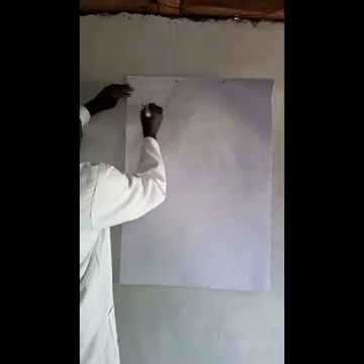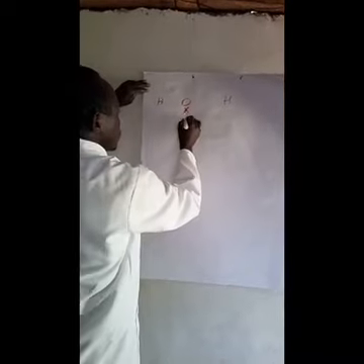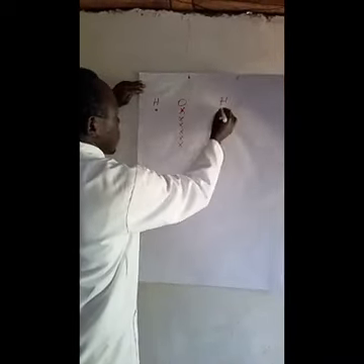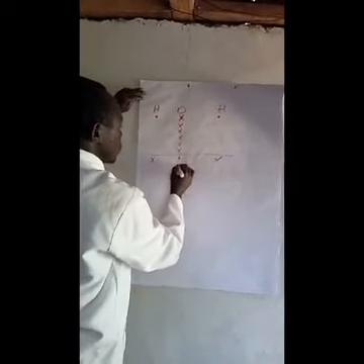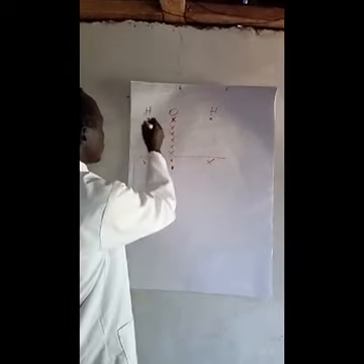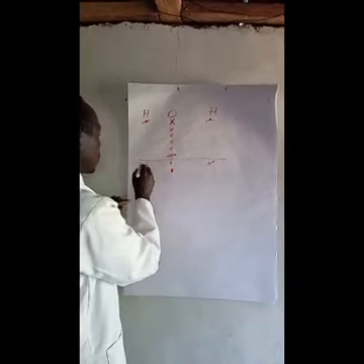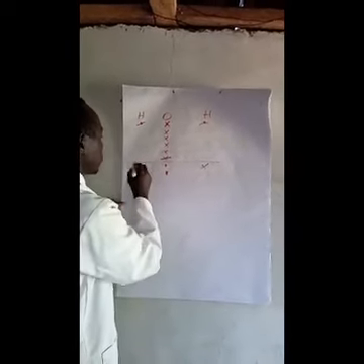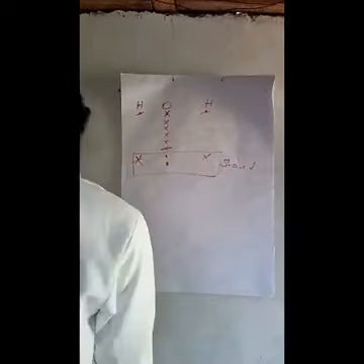First we have hydrogen, oxygen, hydrogen. Oxygen has 1, 2, 3, 4, 5, 6. We have said hydrogen needs 1x, 1x, and oxygen 2 dots. So this is the shared pair of electrons.